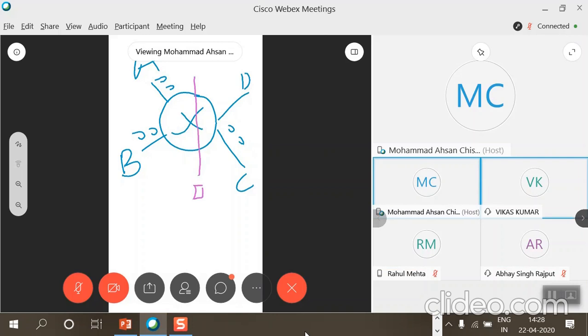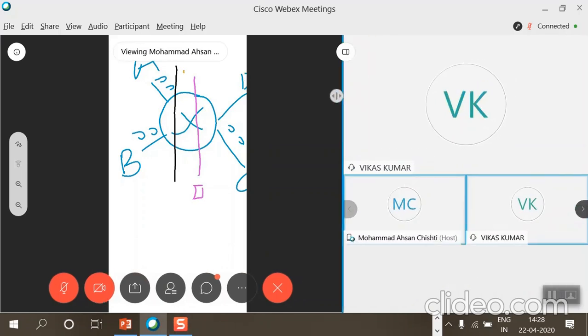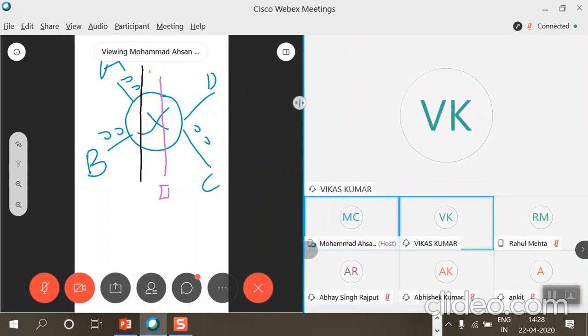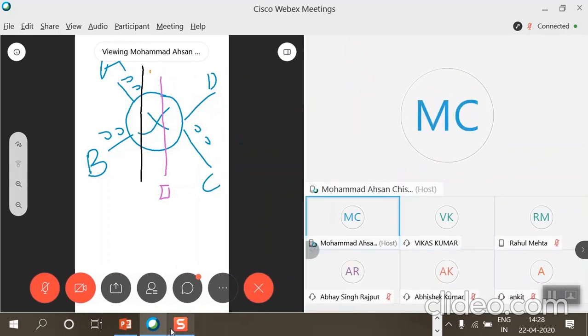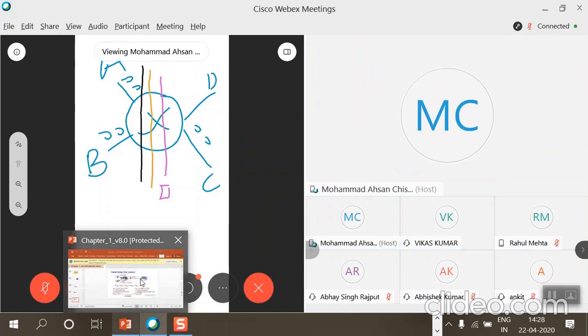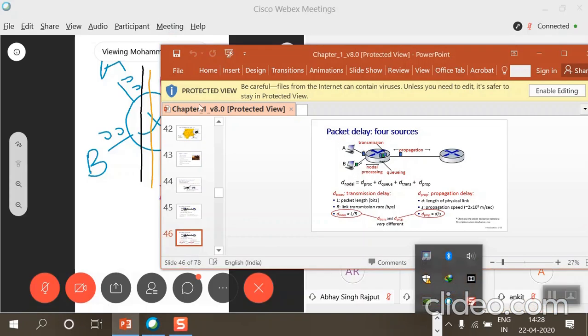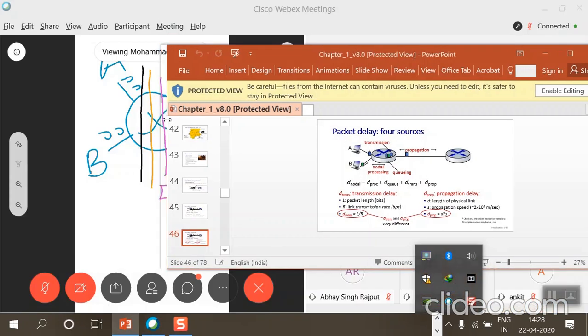And after the queuing delay, now it is the chance for this packet, which is denoted by pink here, to be transmitted. That is this one. It would take some time for this packet to be pushed onto the outward link, that is here.